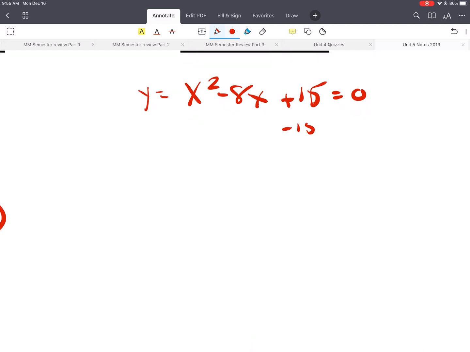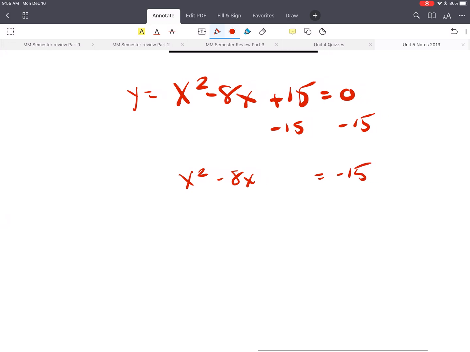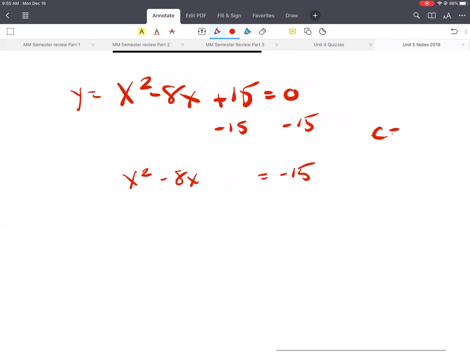We'd subtract 15 from both sides, so we'd get x squared minus 8x equals negative 15. And then to complete the square, c equals negative 8 over 2, which is negative 4. Square that, gives you 16. So then we would add 16 to both sides.